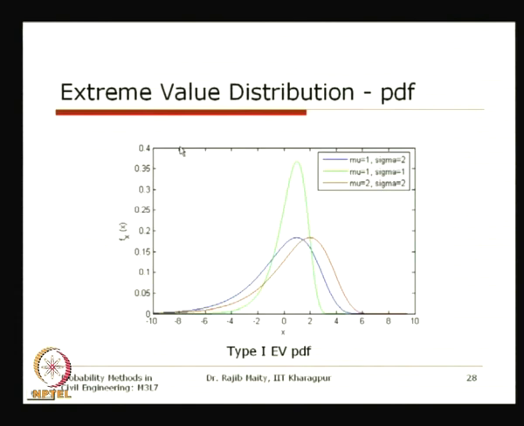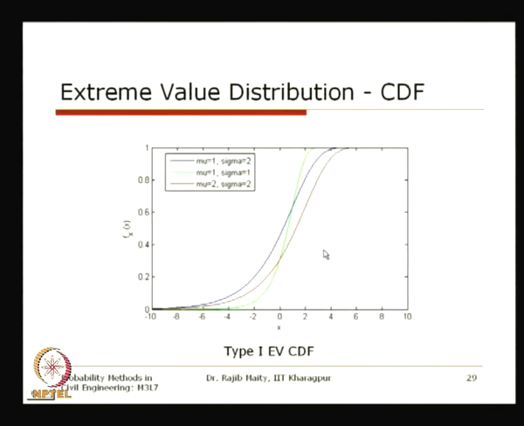Before that, let us see the effect of the different parameters on how this PDF looks. Here the blue one is for mu equals 1, sigma equals 2, the green one is mu equals 1 and sigma equals 1, and the red one is mu equals 2 and sigma equals 2. Their CDFs look like this with the same set of parameters, blue, green and red.